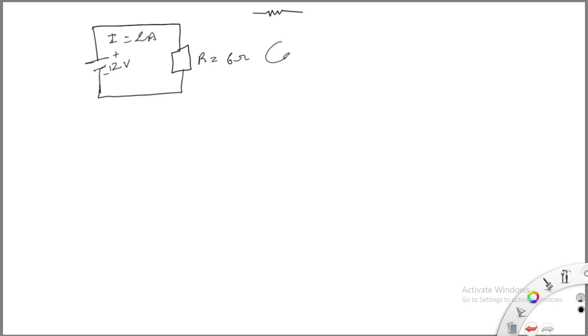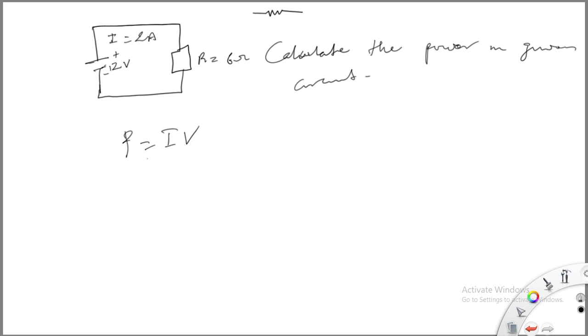Let's say calculate the power in the given circuit. So you can now say P is equal to IV, which is equal to 2 amperes times 12, which is equal to 24 watts.